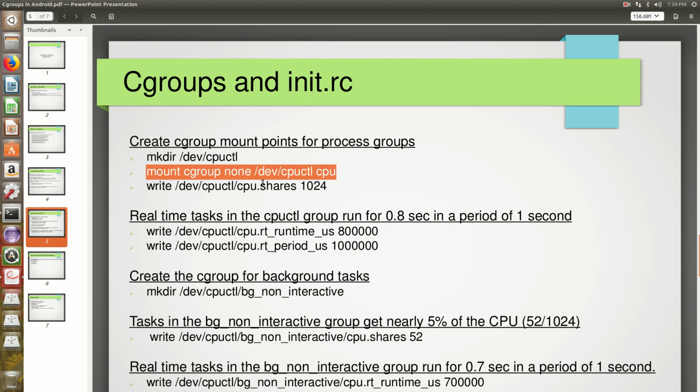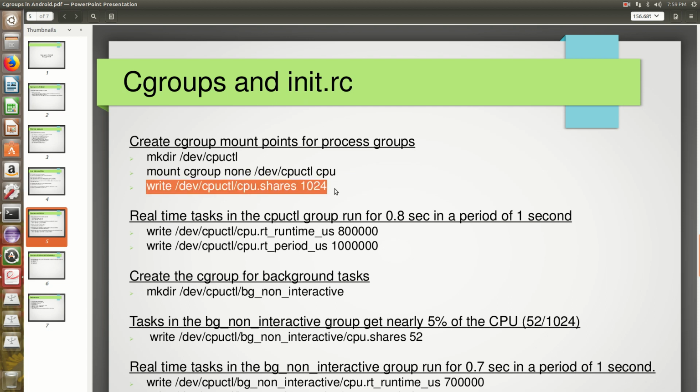The basic CPU control for the root node is 1024, and you have the real-time runtime as 800K, and the CPU real-time period is 1000K. What this means is, when you have a time period of 1 second, the real-time tasks in this C group get a time share of 0.8 seconds, which means that 80% of the CPU is being assigned for real-time tasks in the C group.